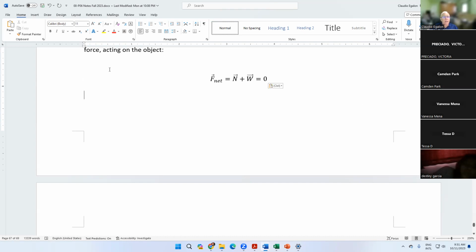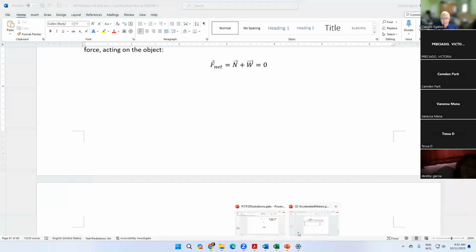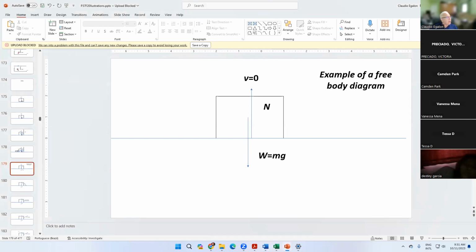Like that. Net force is equal to normal plus weight. And this equation works specifically for this example here.